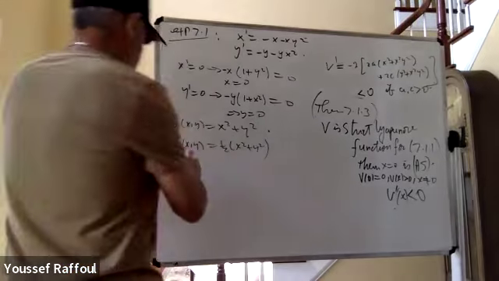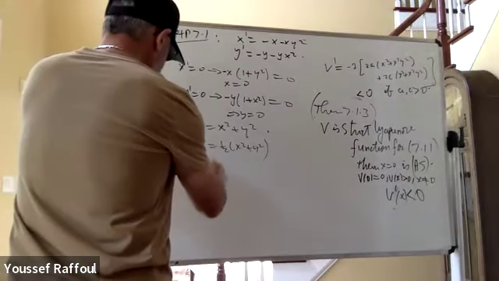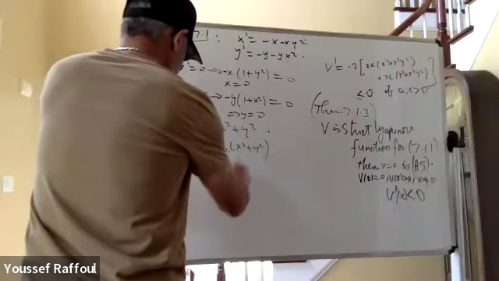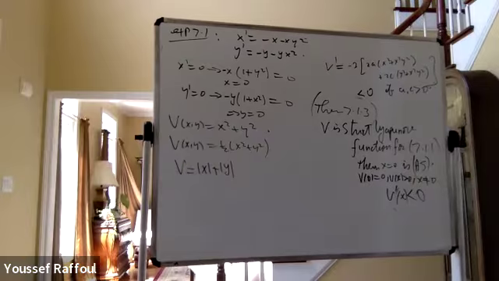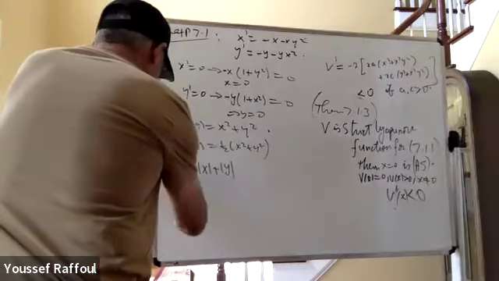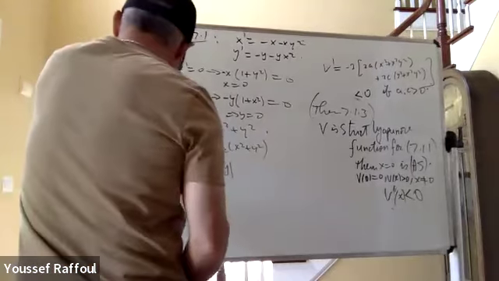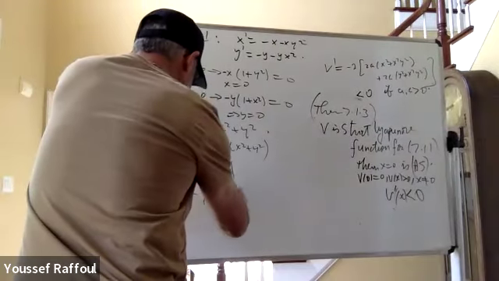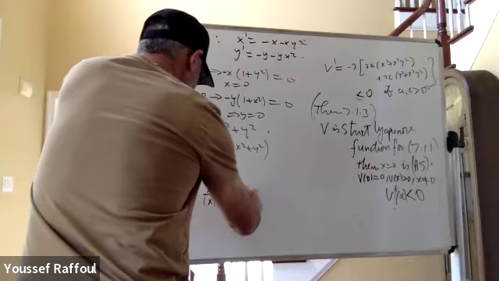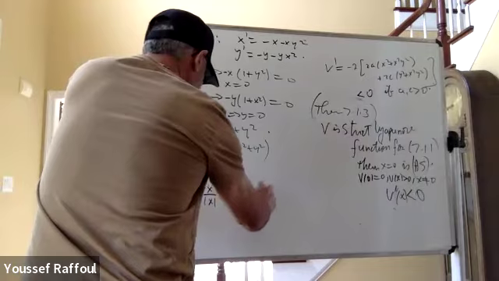Can I take, for example, V equal to x plus y? Let's say I do that. Then V prime is x over absolute value of x, x prime, plus y over absolute value of y, y prime.